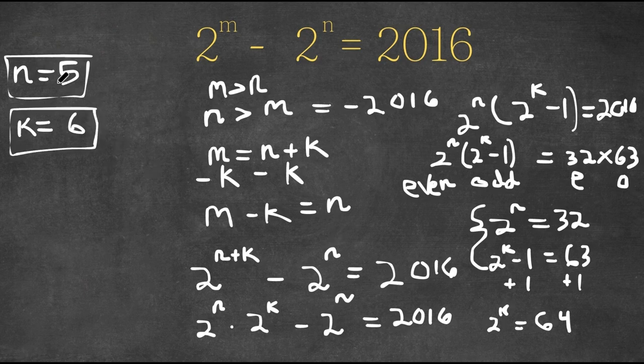So now if n is 5 and k is 6, we could simply plug these into m is equal to n plus k, and n plus k is 5 plus 6, which is 11. So m is equal to 11. So now these three are our values.